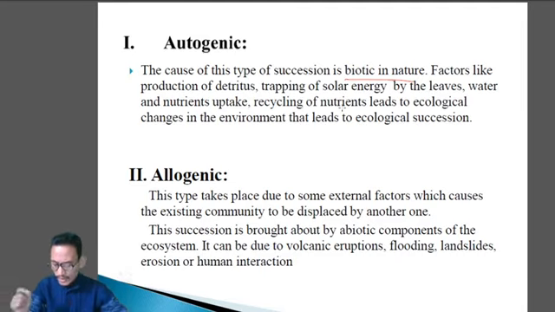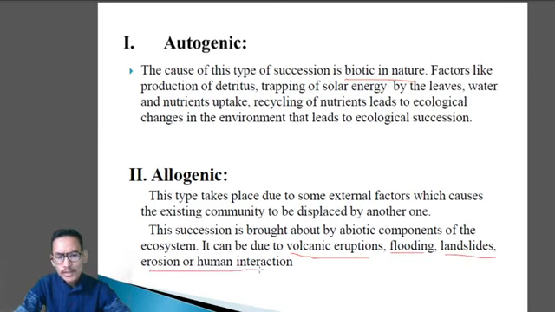Those other factors that lead to the change of the community can be volcanic eruption, flooding, landslides, erosion, or human interaction. And all these factors are abiotic factors. That's why I'm saying that abiotic factors lead to allogenic succession, whereas biotic factors lead to autogenic succession.